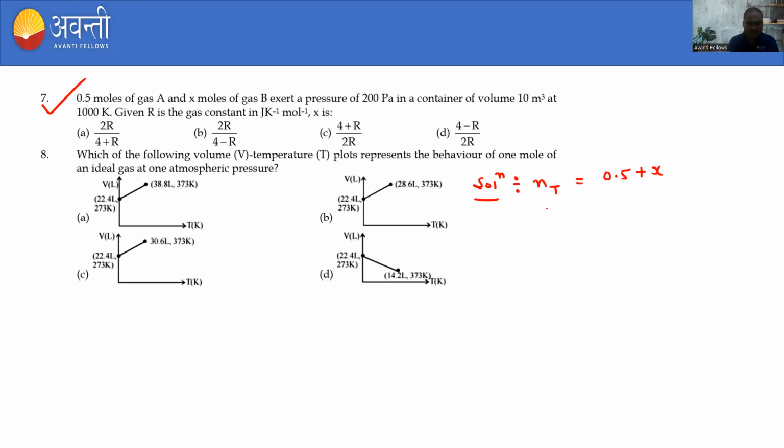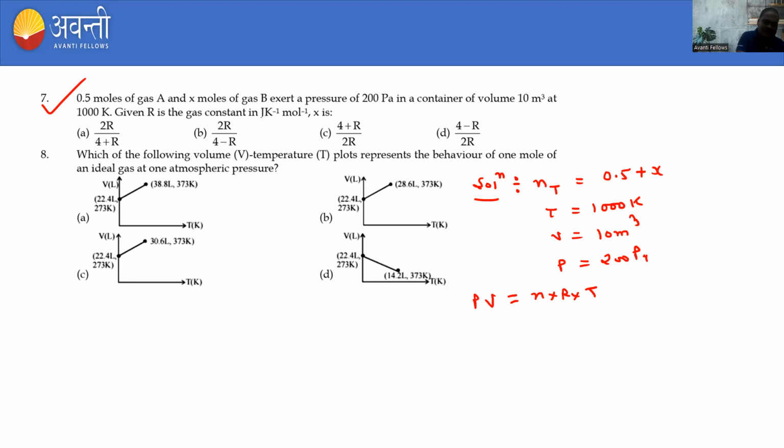Temperature is already given: 1000 Kelvin. Volume is also given, that is 10 meter cube. Pressure is also given, that is 200 Pascal. Now we know that PV equals nRT. So this thing we already know.